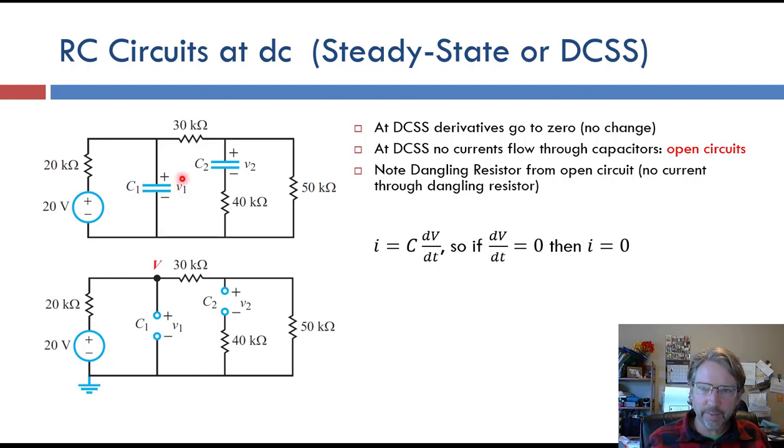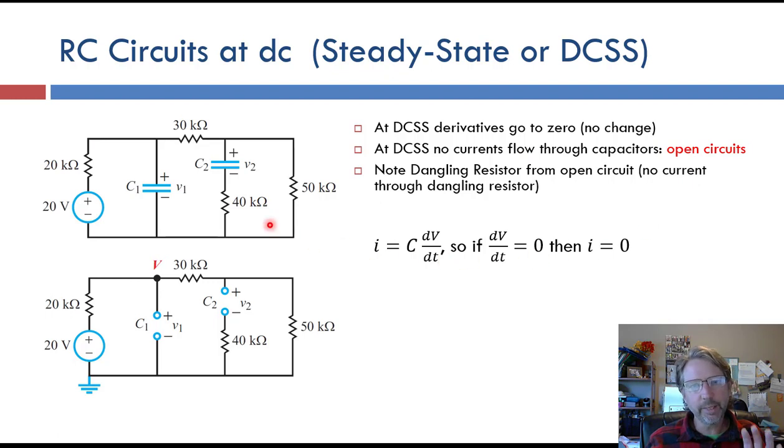But for now they get charged and everything becomes kind of static, and that's our DC steady state. And so our derivatives have gone to 0 because it's not changing anymore. So dV/dt has to go to 0, which means current goes to 0. So at DC steady state, no current is flowing. So if there's no current flowing, it acts like an open circuit.